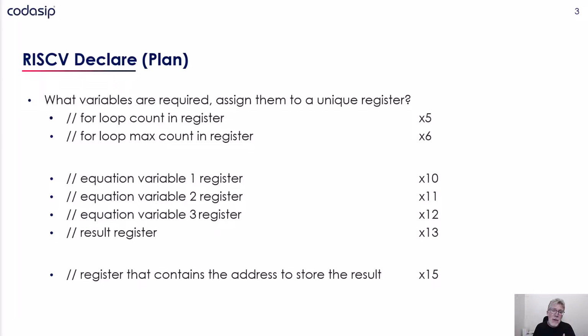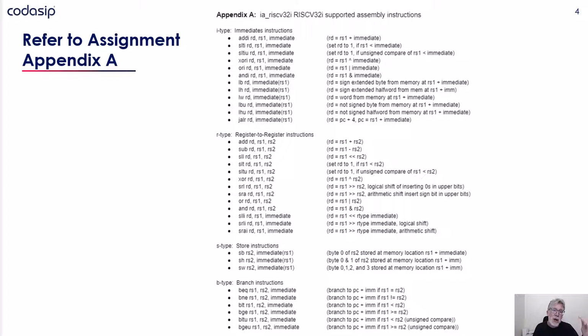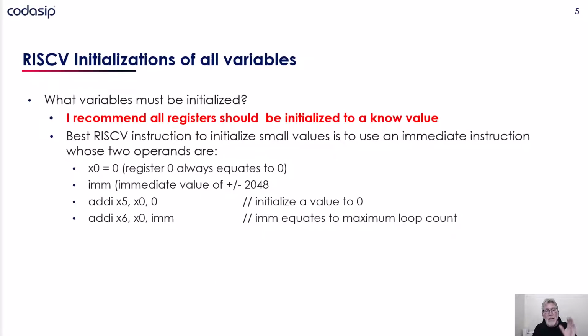Now, a very helpful part of the Assignment 2 document is Appendix A, which describes all the assembly routines or functions that are supported by the model that you have in your workspace, the IA_RISC32i. So please refer to this if you have any questions on what the assembly format for any of these operations looks like.